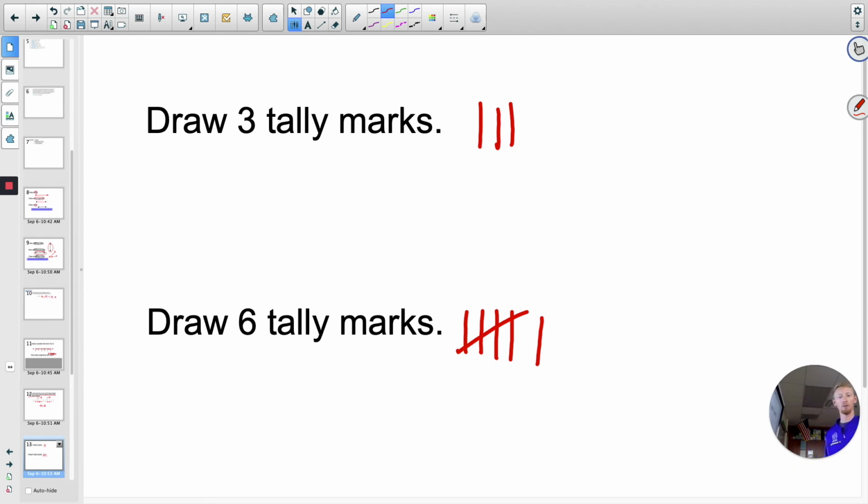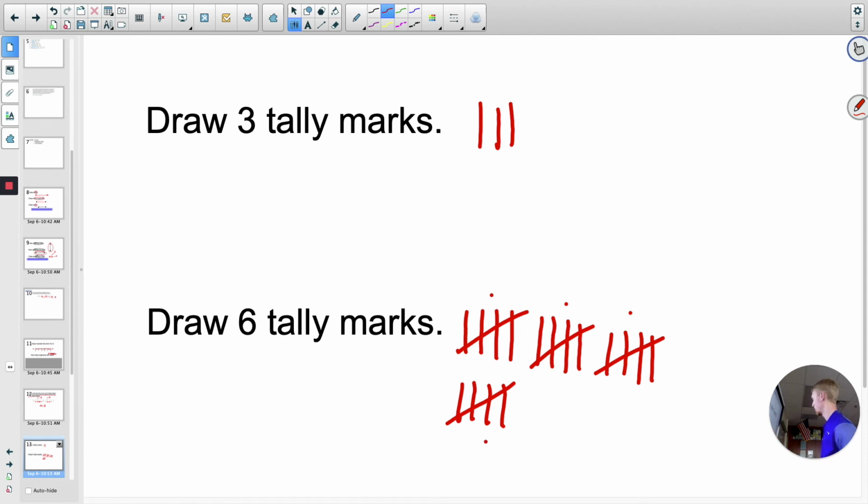So that would be how you represent the number 6 with tally marks. We do this so that it's easier to count. You have groups of 5. So if I have like 20 tally marks, then it's super easy because it's 5, 10, 15, 20.